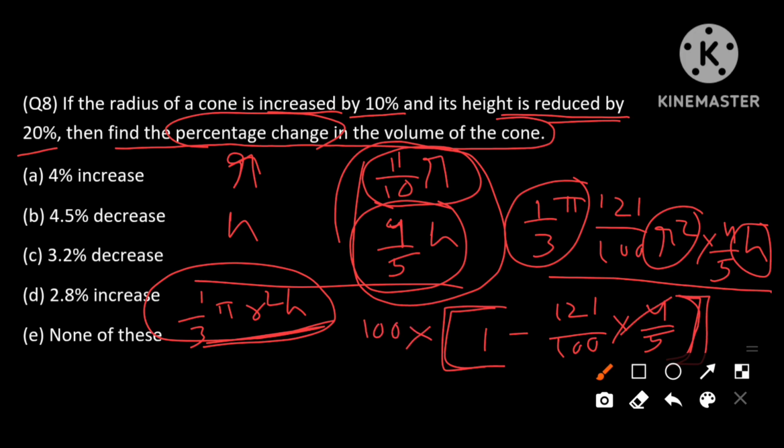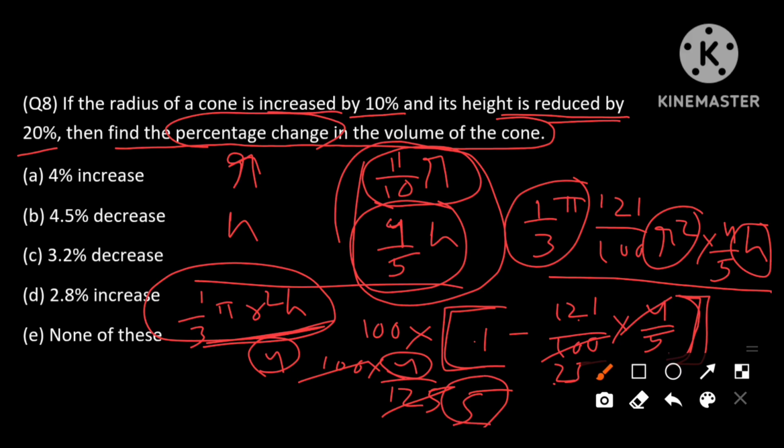So 5 times 25 will be 125, 125 minus 121 will be 4, so totally we have 100 times 4 divided by 125. 25 goes into 125 five times, and into 100 four times. So 4 into 4 will be 16, 16 divided by 5 will be 3.2, so 3.2 percent.